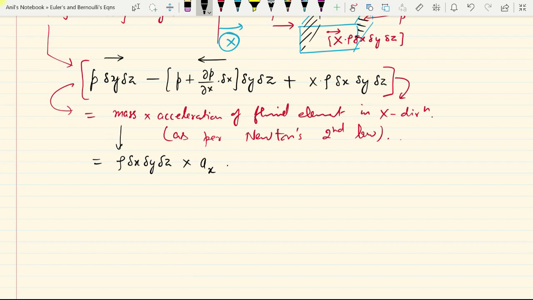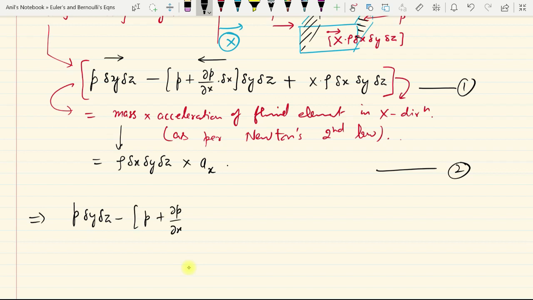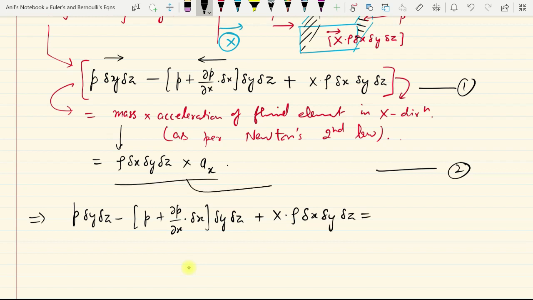So if we compare these two forces, we will get P into delta y, delta z minus P plus del P by del x into delta x into delta y, delta z plus X into rho delta x, delta y, delta z is equal to this mass into acceleration expression, rho into delta x delta y delta z into ax.